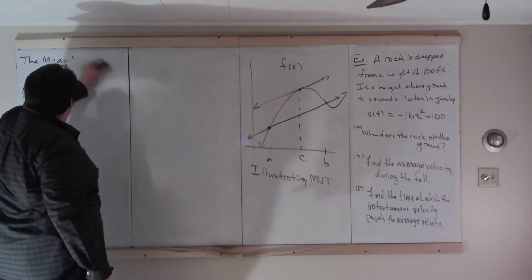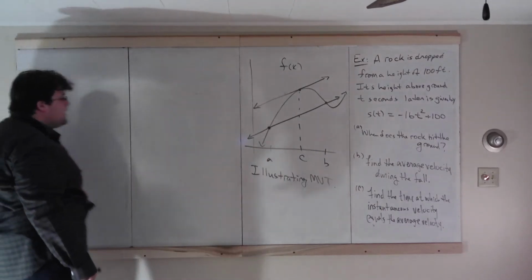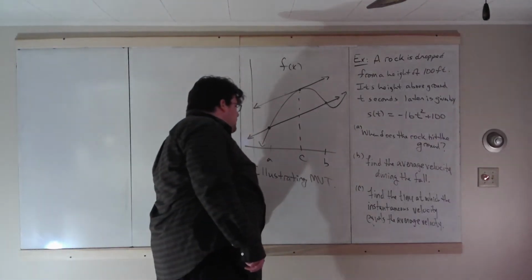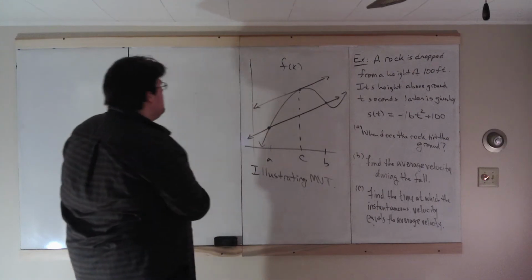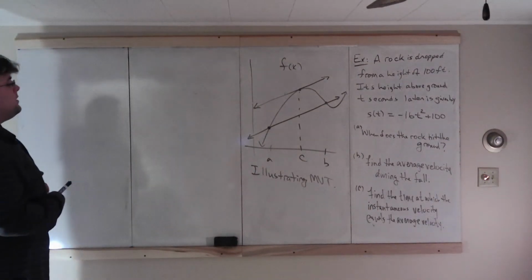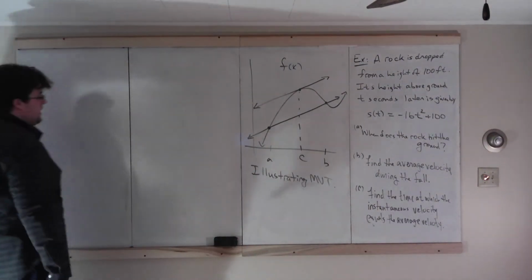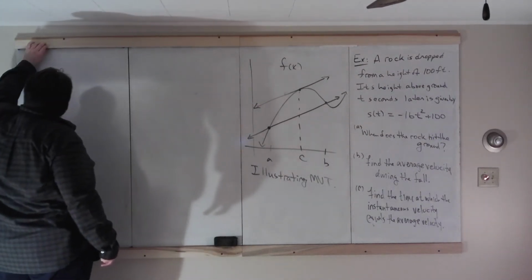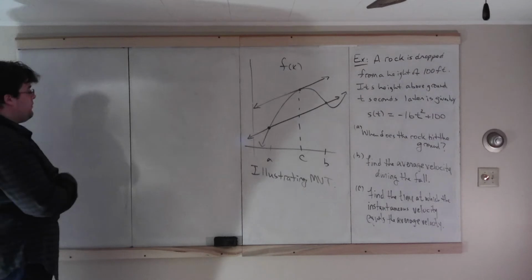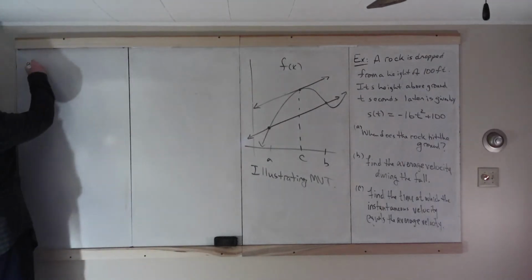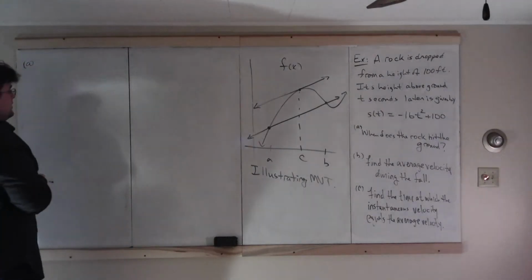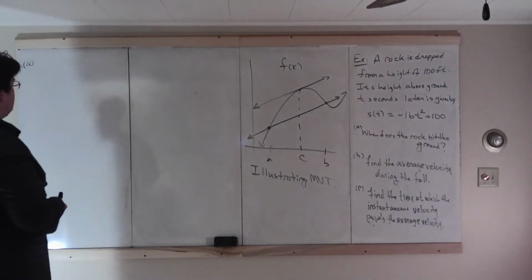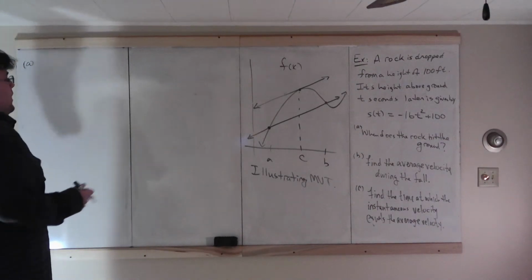When does the rock hit the ground? Find the average velocity during the fall, both of which we could have done before the mean value theorem. Part C, find the time at which instantaneous velocity equals the average velocity. Now, we actually could have done all 3 parts of these before the mean value theorem, but once we get to part C, I'll explain more about that.